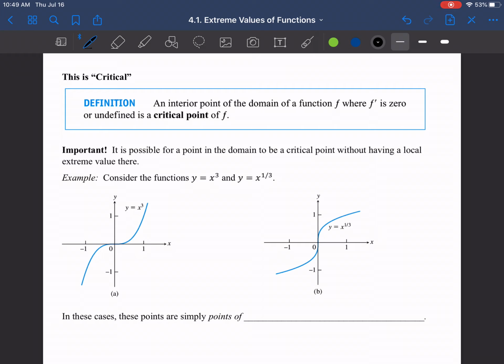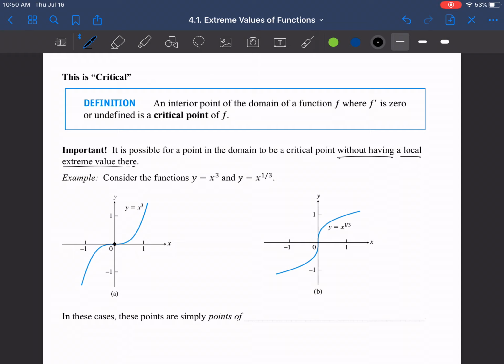Please note that I said that all maximum minimums have a slope of 0. I did not state that having a slope of 0 means that it is a local or global maximum or minimum. So take a look at this example here. It is possible for a point in the domain to be a critical point without having a local extreme value there. So look at the graph x cubed right here.